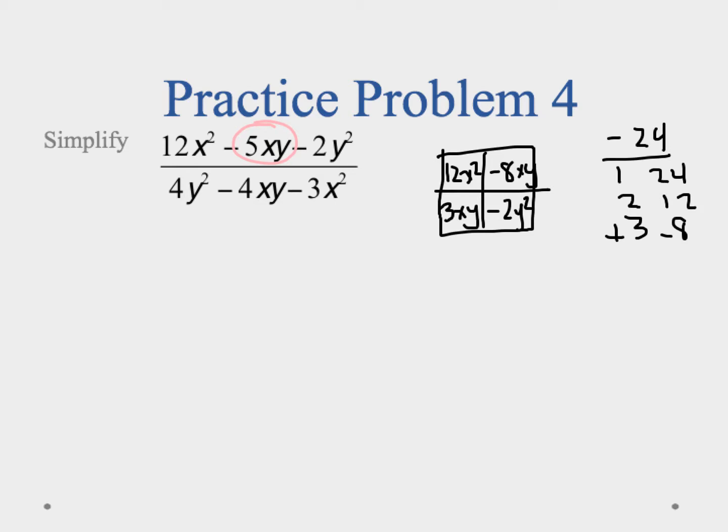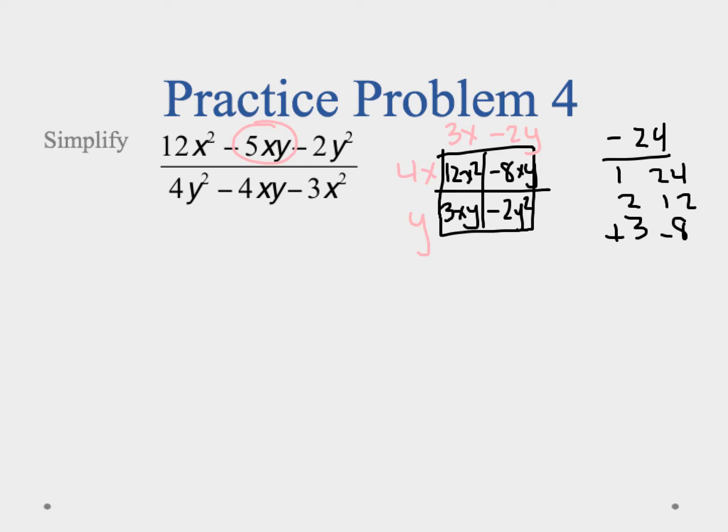Now I'm going to factor. I get 3x here, negative 2y, 4x, and a y. I'm going to check my work. 3x times 4x is 12x squared.